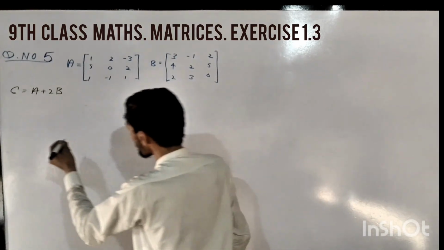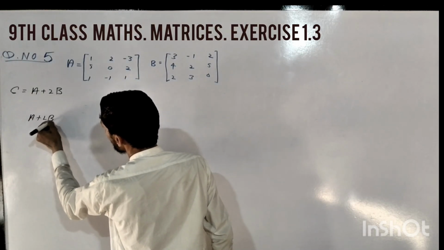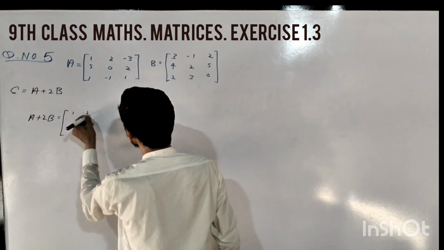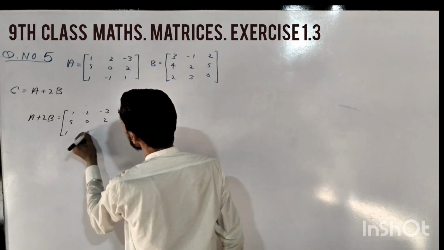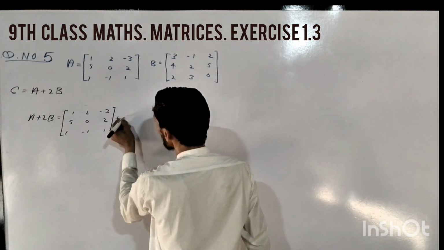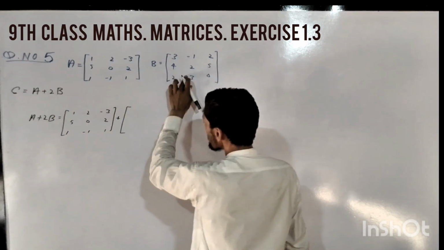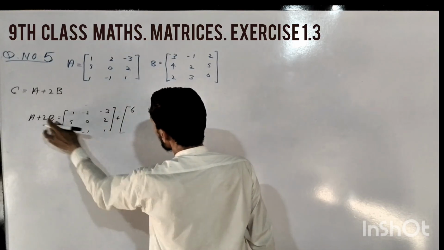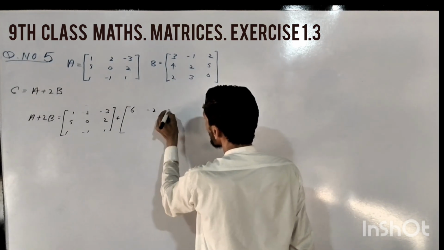So let's start it. A plus 2B is equal to matrix A, [1 2 -3; 5 0 2; 1 -1 1]. Right here put the sign of positive and directly multiply 2 with matrix B. So 2 multiplied with 3 is equal to 6. 2 multiplied with minus 1 will be equal to minus 2. 2 multiplied with 2 will be equal to 4.